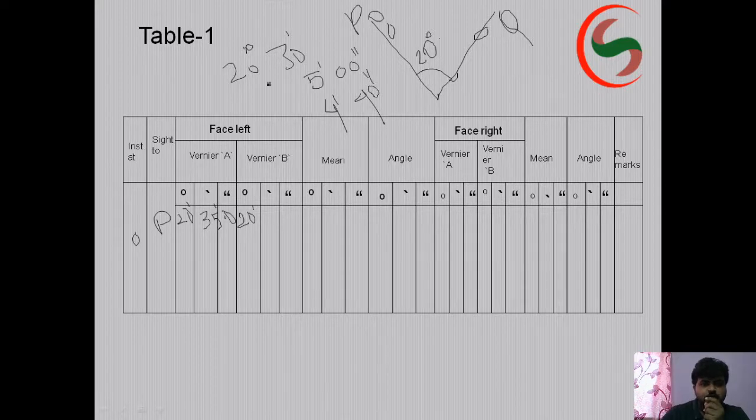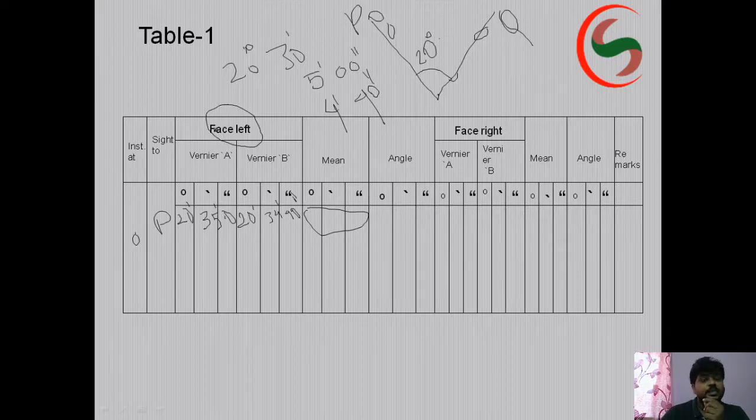So what do you write? 30 plus 4, 34, and 40 seconds. Now you add both and average them, and that value is the angle. This is the face left condition.